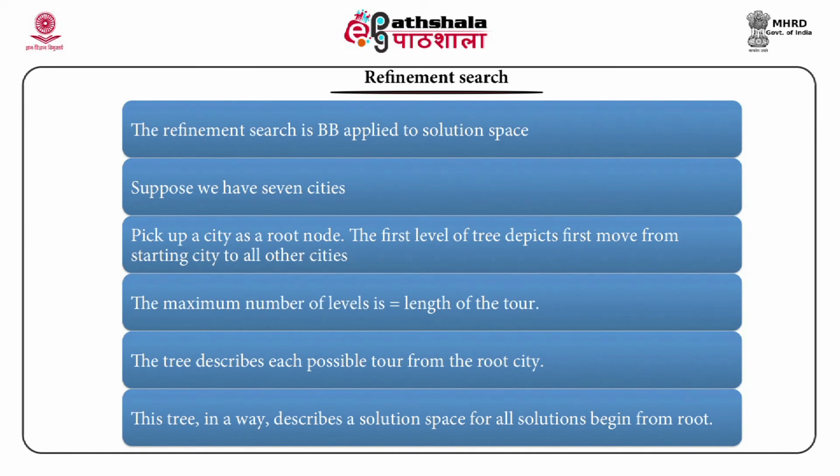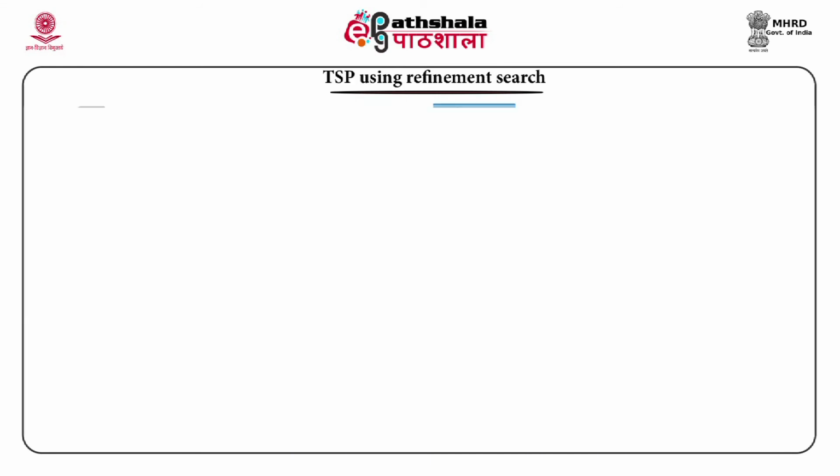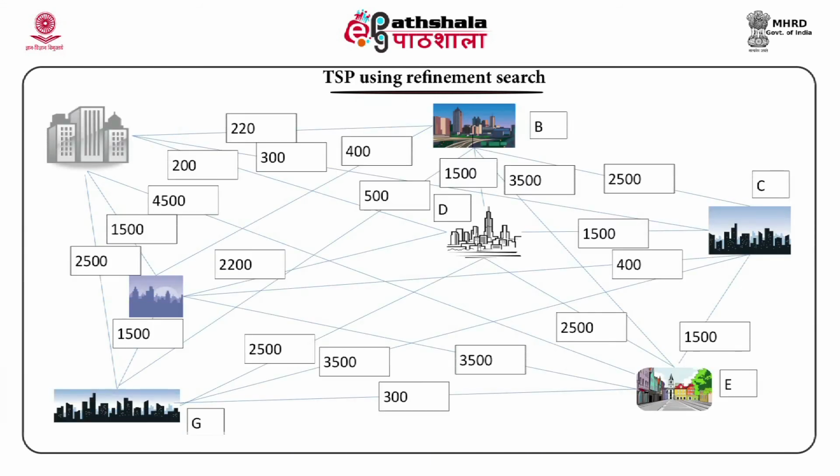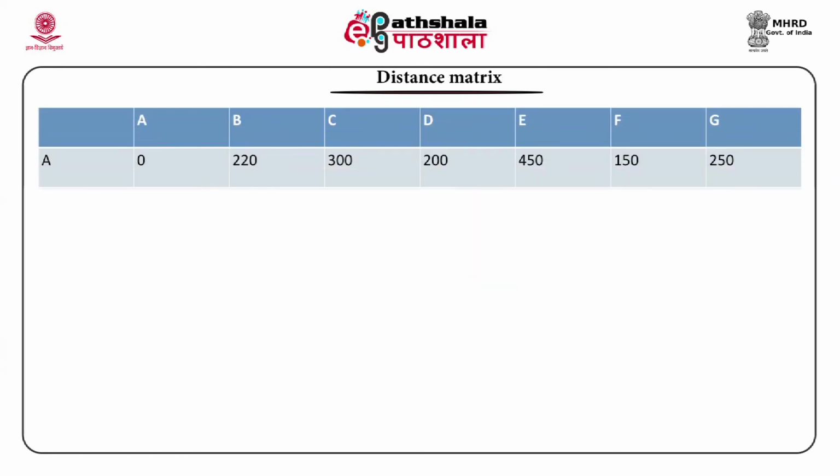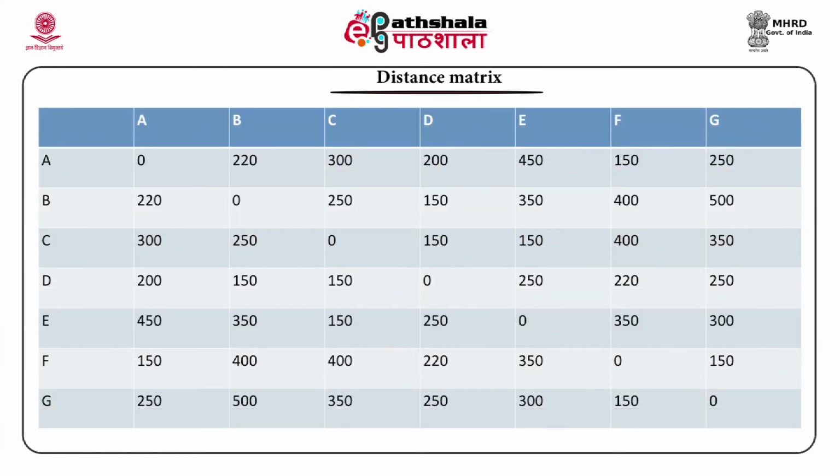Suppose I pick up all cities and find the distances between them. If you look at the next figure, TSP with refinement search, you can see the distance between every node and every other node, depicted as a table, a distance matrix. From every city, you have a distance to every other city.